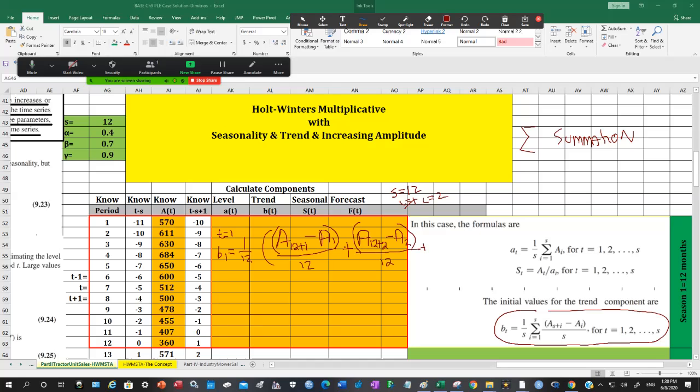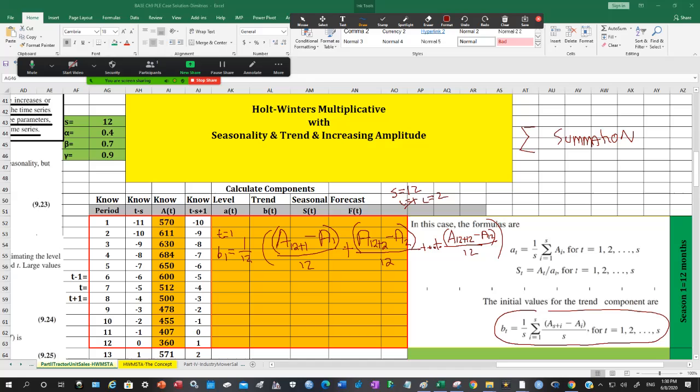And you keep going until I becomes 12. So the last fraction would be actual of 12 plus 12 minus actual of 12 over 12. So that's B1.